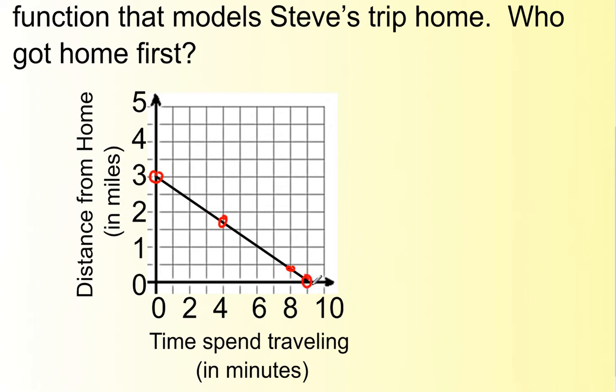And he gets home, it looks like roughly about 9 minutes. So based on this graph, his distance away from home is 0, this is when he's at his house, at a point of 9 minutes. So it took Steve 9 minutes to get home.